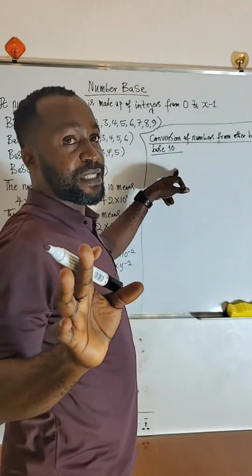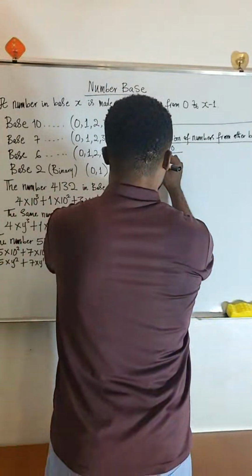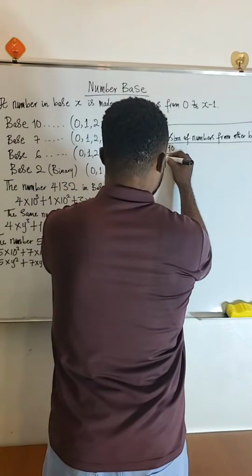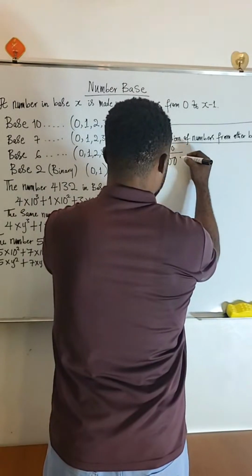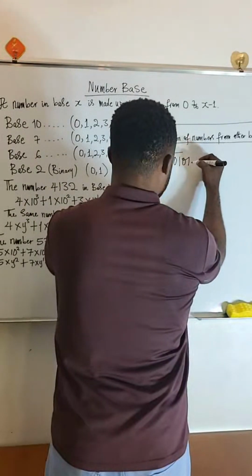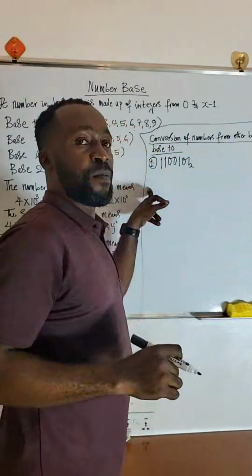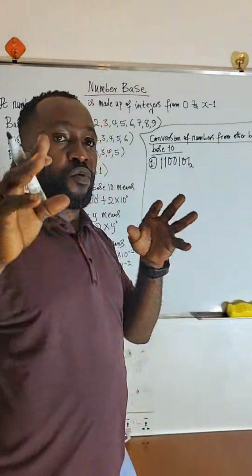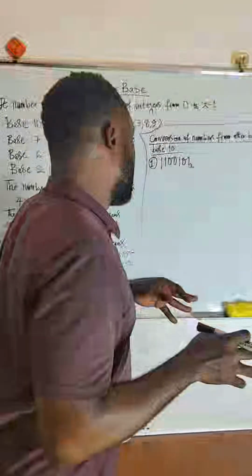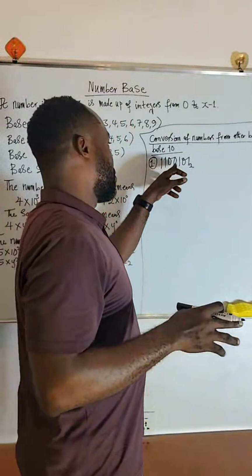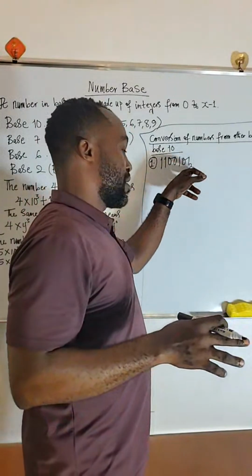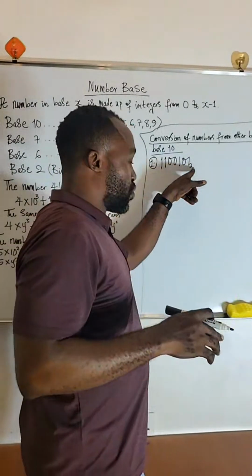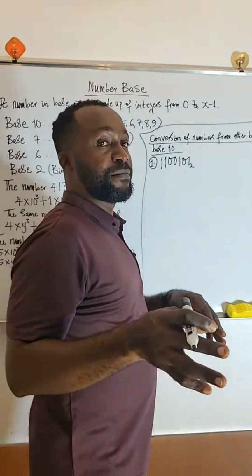So let's take, for instance, example 1: 1100101 in base 2, from base 2 to base 10.